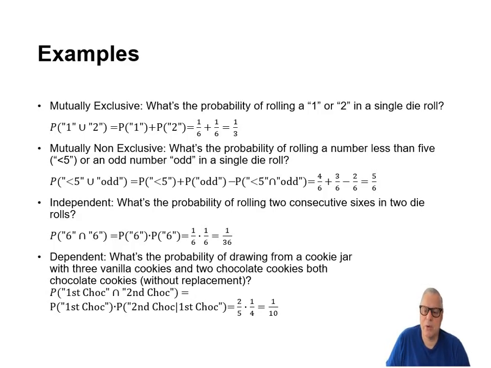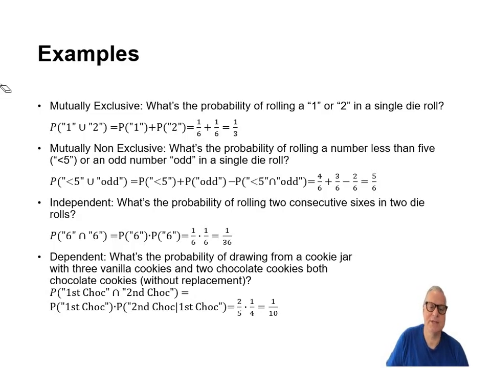But now we counted the 1 and the 3, which are both less than 5 and odd, twice. So we have to subtract it once. So we get 4 over 6 plus 3 over 6 minus 2 over 6 equals 5 over 6.